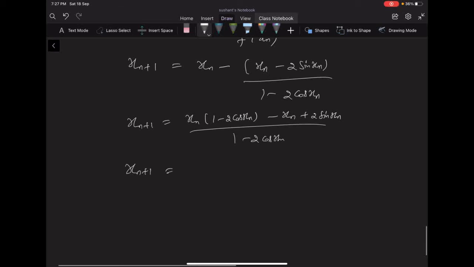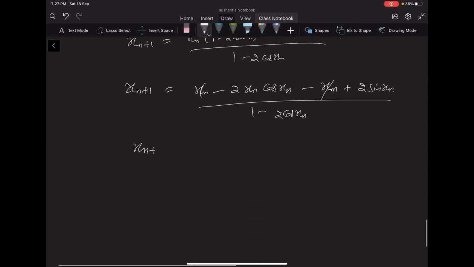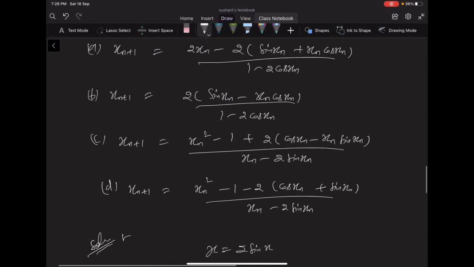I will multiply xn, so xn minus 2xn cos xn minus xn plus 2 sin xn upon 1 minus 2 cos xn. So xn will cancel out and we will take 2 common. So in the bracket we have sin xn minus xn cos xn upon 1 minus 2 cos xn. So the correct option is B option.